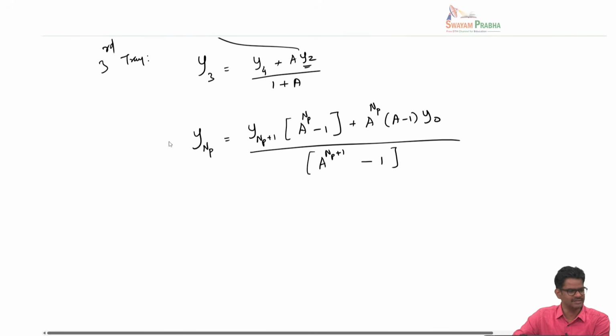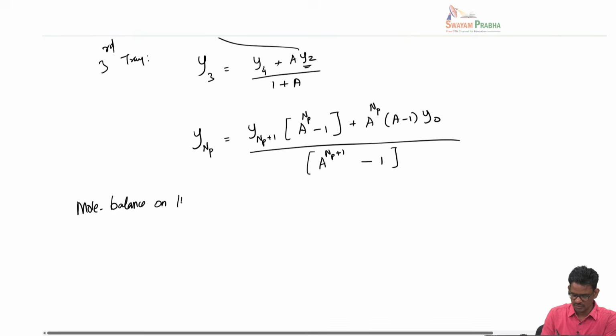In principle I can replace ynp from the overall mass balance, then I will get an expression that will involve only one unknown, which is np. So, mole balance on the entire column. When I say entire column, I am just talking about the inlet and outlet of the entire column.